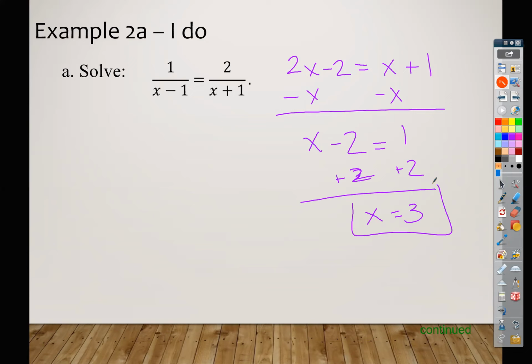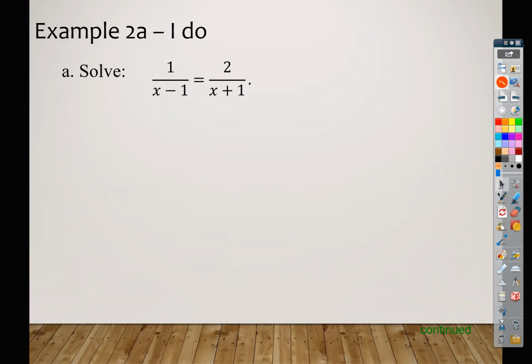But I want to show you the real way of doing it because that's too easy of a problem and it's not going to prepare you for the next one. Okay, so let's do this. The least common denominator is x minus 1 times x plus 1, right? Okay, so this x minus 1 would cross out.